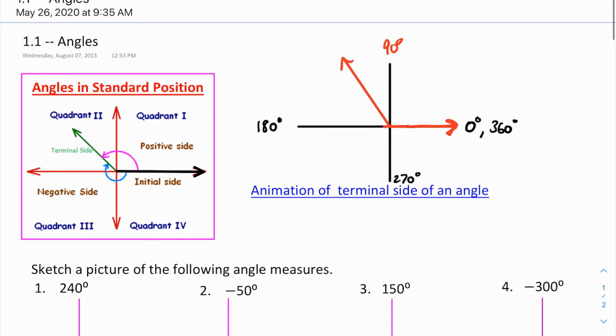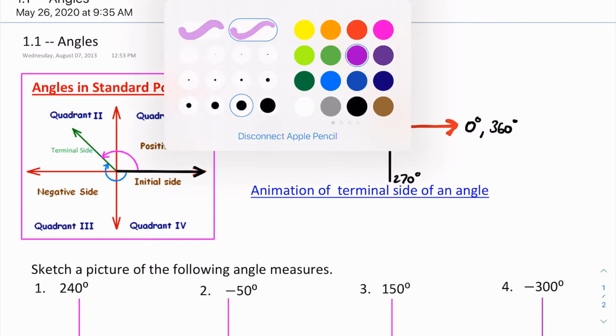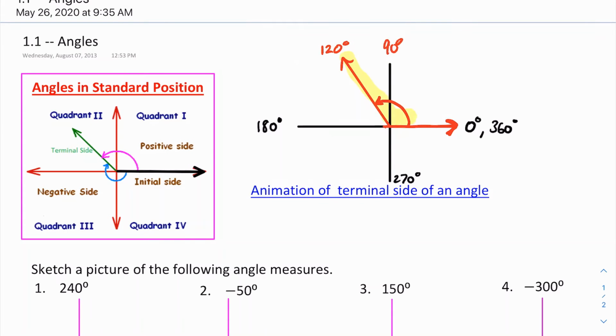And so this is the measure of the angle. It starts at 0. This is the starting point at the bottom. And then this is how far it moves. And so I'm just going to put an amount there, say that that's 120 degrees here. Okay, and then that would be that angle.